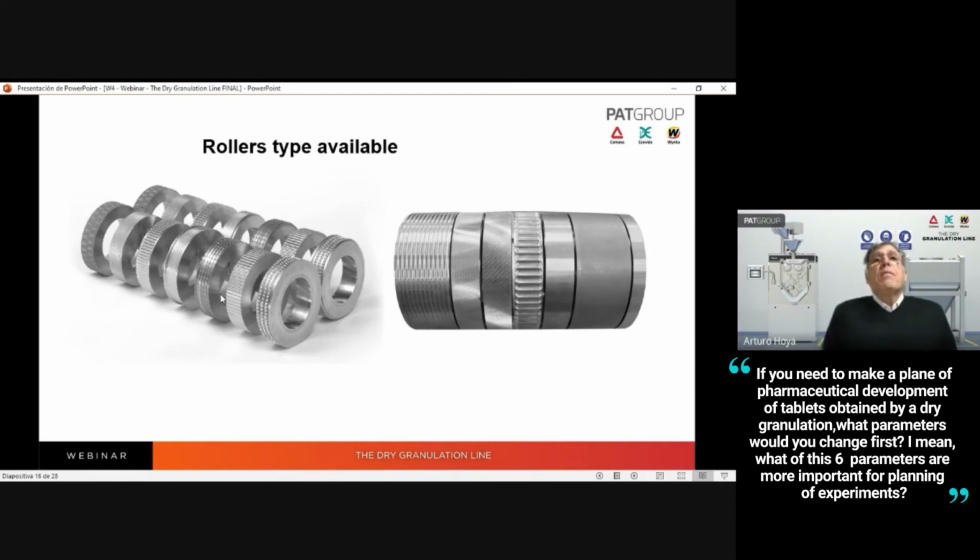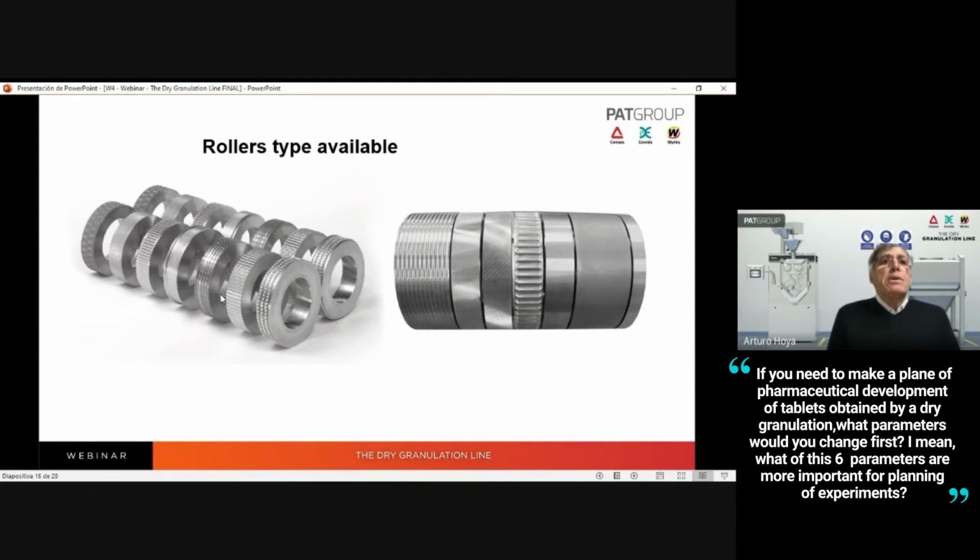Of course, in the development of process in dry granulation, first of all, you need to select very well the excipients that you will put in the formula.